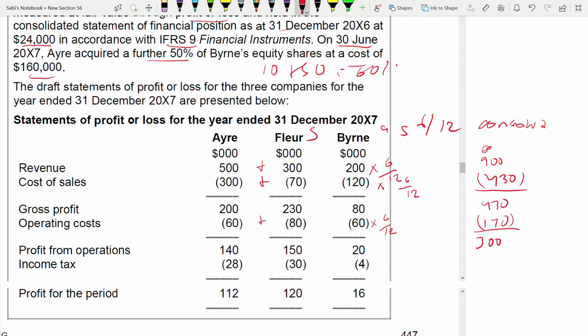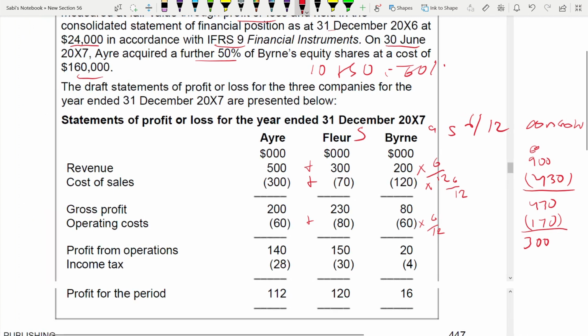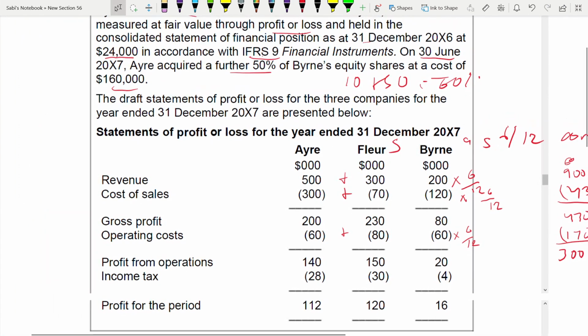But you have to wait here. Why? When you have an equity investment, see here, earlier you had an equity investment, let's say, according to IFRS 9. Now you have to de-recognize it. Why? Because now it becomes a subsidiary.